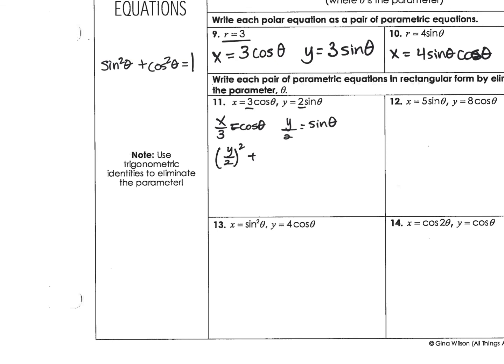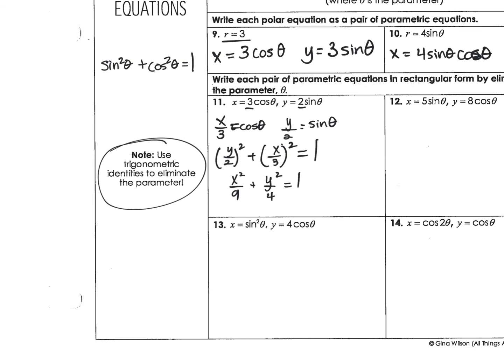Y over 2 squared. Cosine becomes x over 3 squared. It all equals 1. So now this becomes x squared over 9 plus, look what it said, use trig identities to eliminate the parameter. Holy smokes.